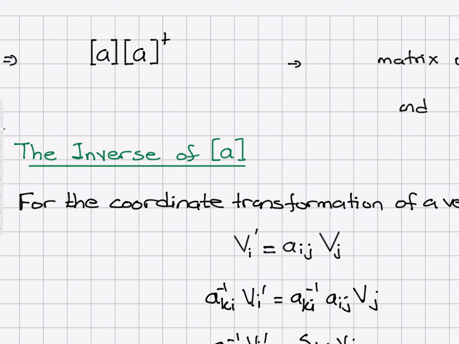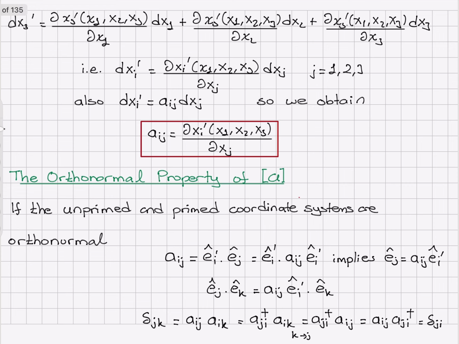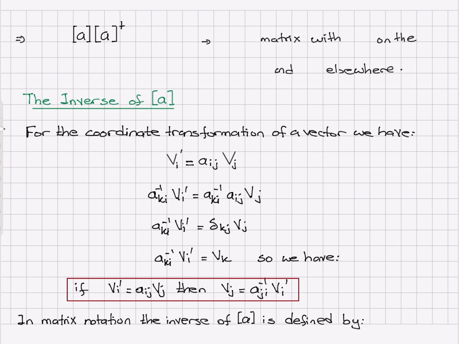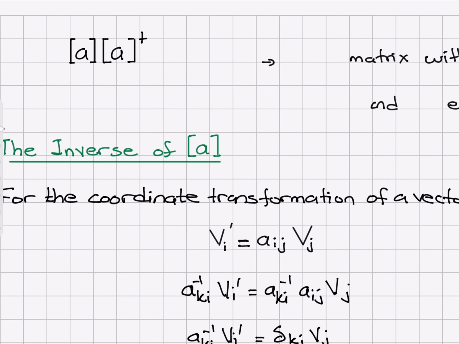This is describing for us a matrix multiplication because the indices are in the correct place. Aij, A transpose Ji. So that's going to give us Kronecker delta Ji or Kronecker delta Ij.